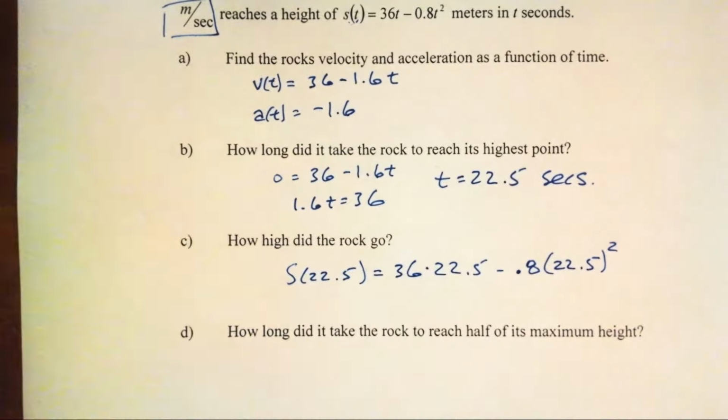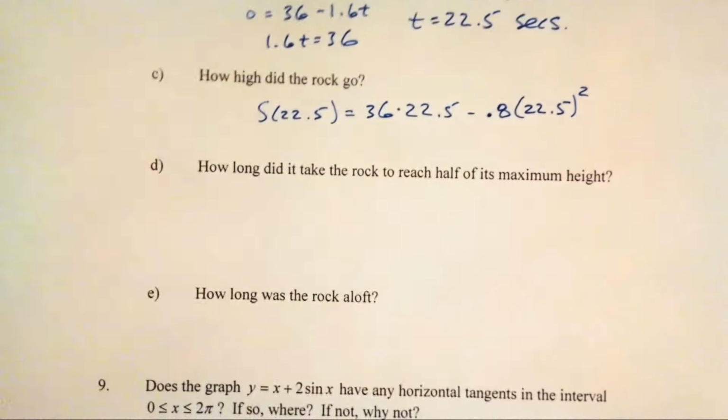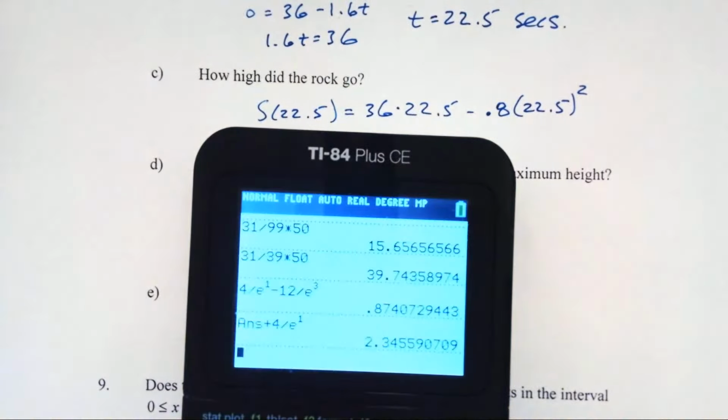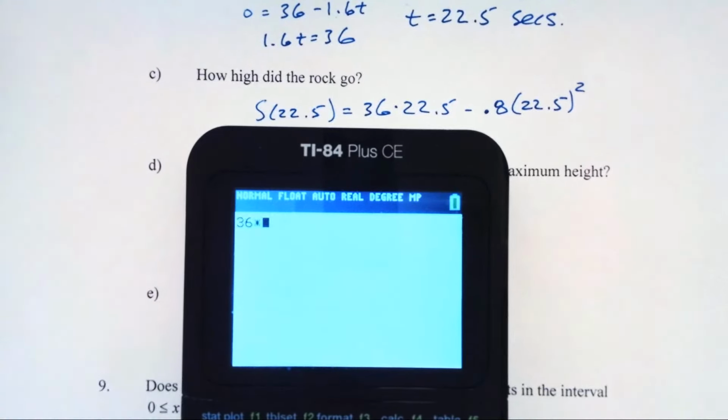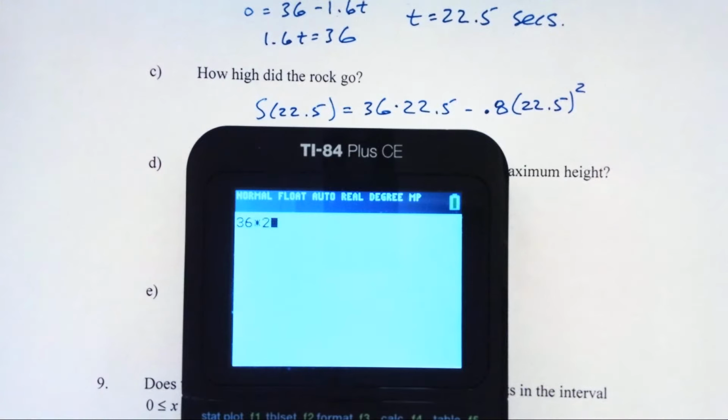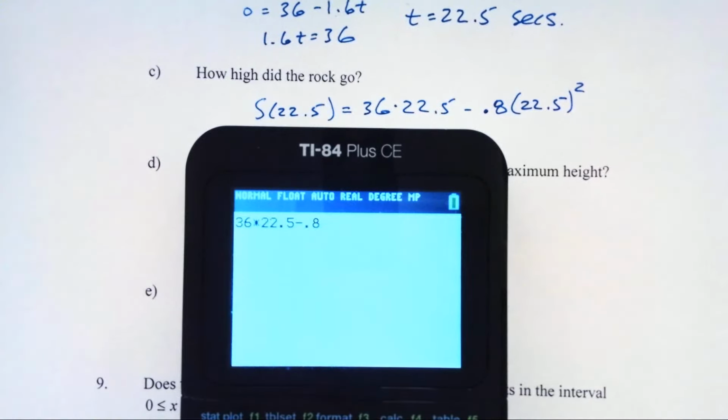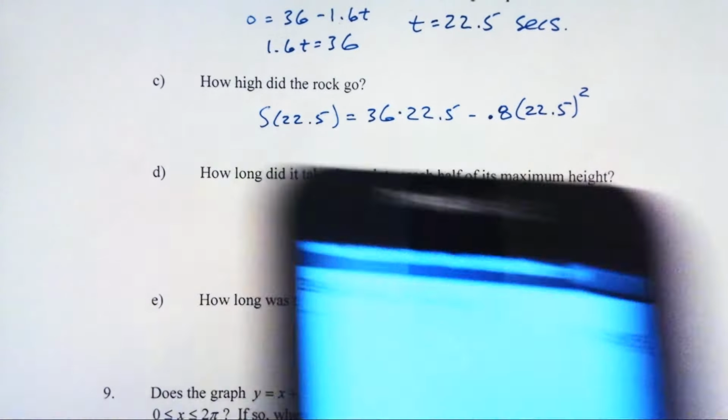Actually, I'm going to shift calculators here and get something a little bit more sophisticated. Let's go 36 times 22.5 minus 0.8 times 22.5 squared. Then we get 405 feet.